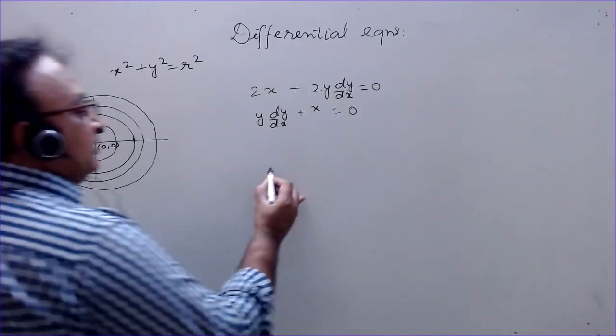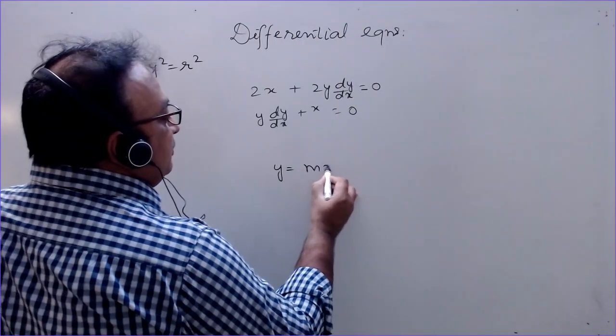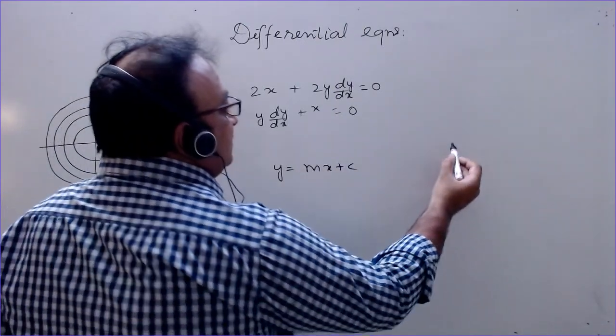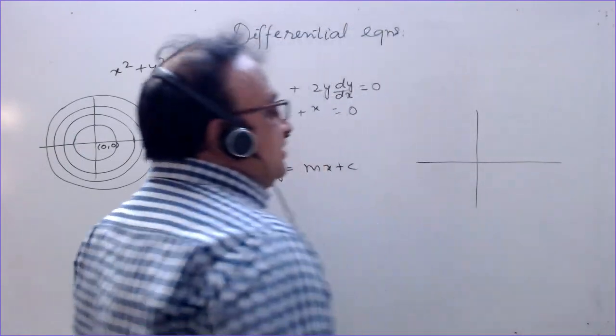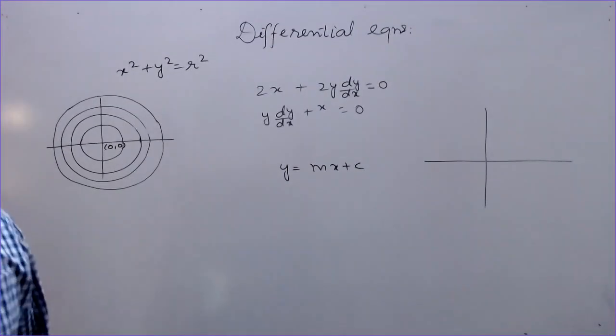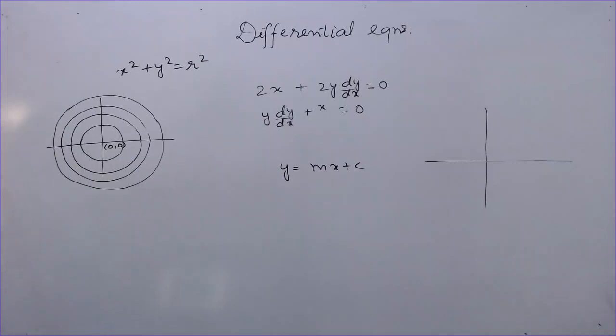Similarly, see, y is equal to mx plus c. What is this? This is the equation of a line which has slope equal to m. The slope is related to the angle made by this line with the positive direction of the x-axis, and c is the intercept it has on the y-axis, on the positive or negative side depending upon its value.